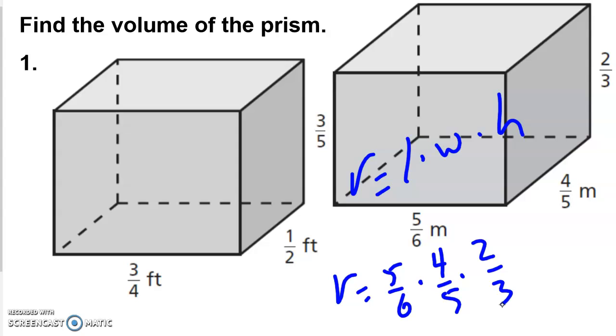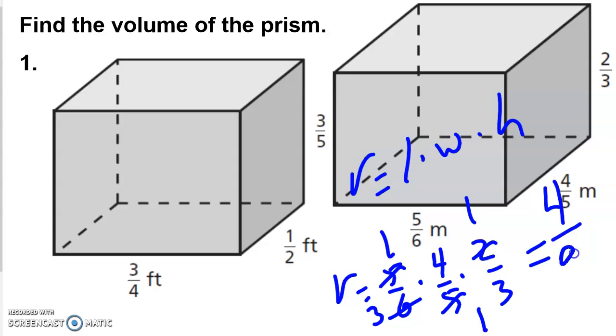See if you see any cross-canceling. 3, 2, 1. Well, I'm going to cross-cancel these 5s. And I am going to choose to cross-cancel this and this. You could have done the 4 and the 6 also. It's cool either way. 1 times 4 times 1 is 4. 3 times 3 times 1 is 9. So 4/9 of a meter cubed.